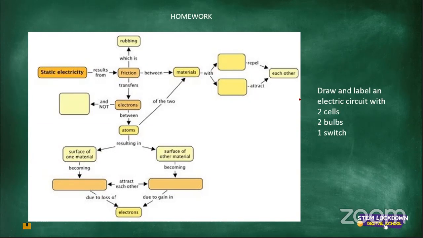Then I want you to draw and label an electric circuit with 2 cells, 2 light bulbs, and 1 switch. I will take questions on Monday, not today. You can write them down and keep them and I'll answer them.